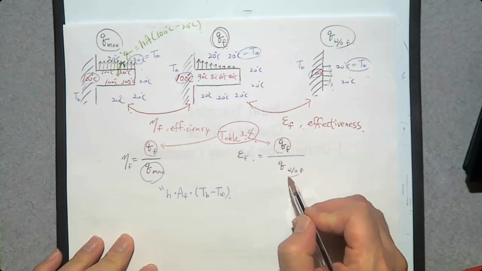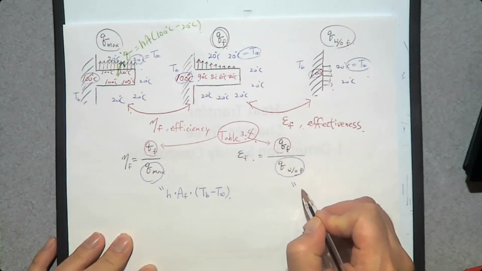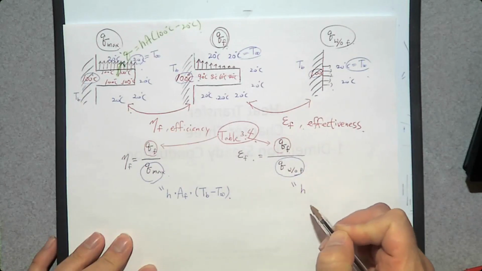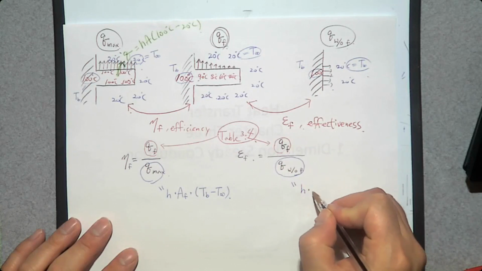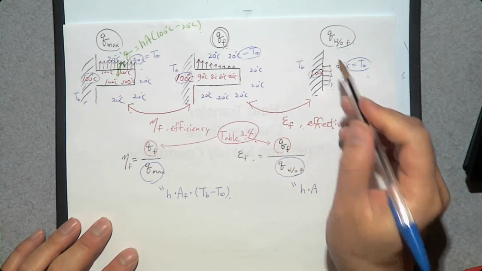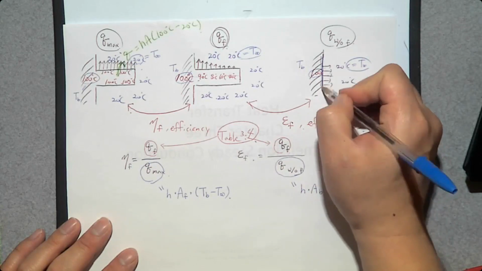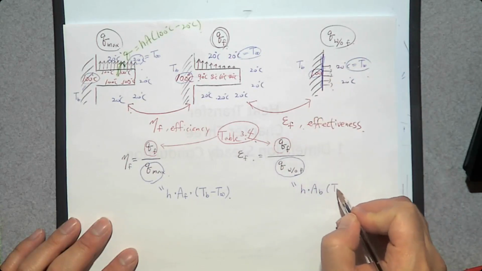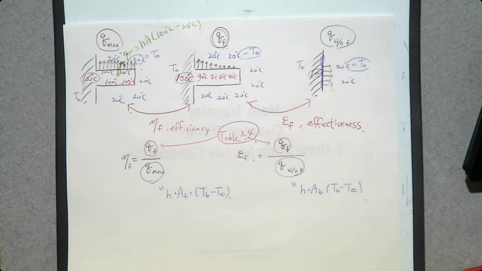What about this Q without a fin? It can be determined by h, the same convection heat transfer coefficient, times the area, since there's no fin, the area of the base, which is the base surface area, times T_b minus T infinity. So that's how we evaluate the performance of a fin.